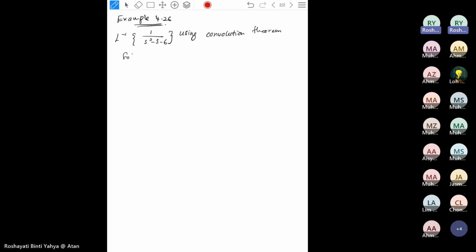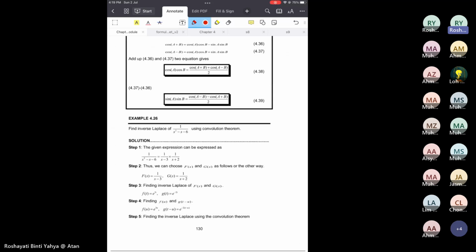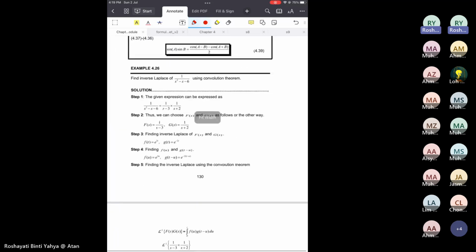Is the step provided here? Oh no. So the steps are written as step 1 until step 5.